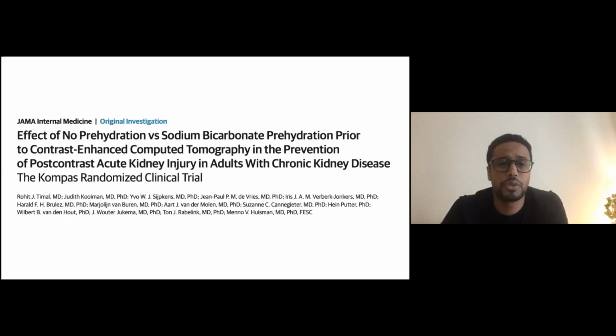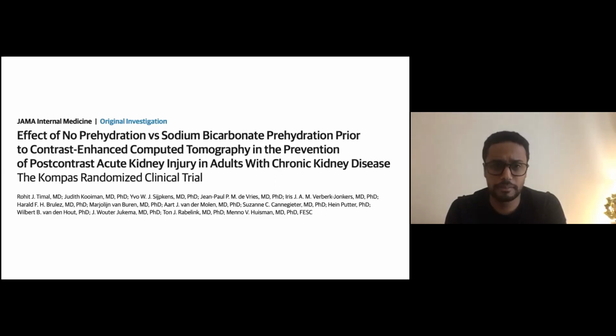Our article for today is the COMPASS trial, looking at post-contrast acute kidney injury in patients with chronic kidney disease stage 3 who will not receive any hydration, and the other group who will receive sodium bicarbonate as a pre-hydration.